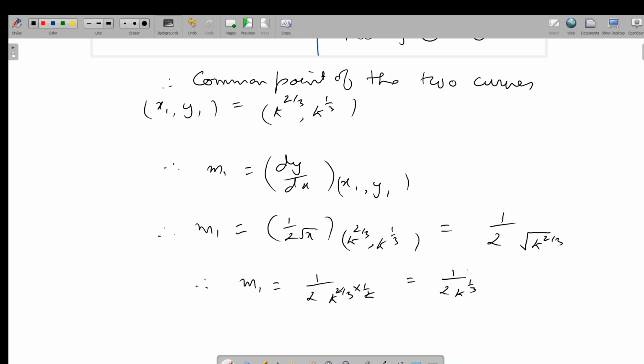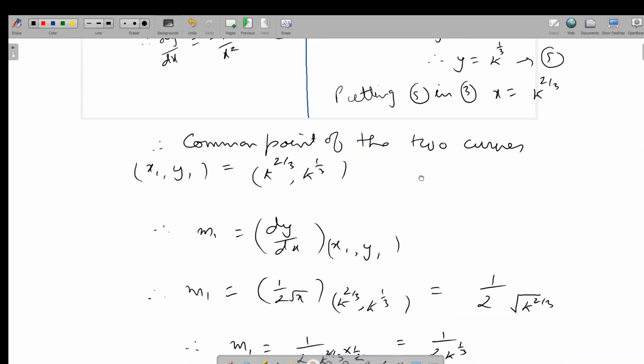Now we'll find m2. What is our m2? From here we will find the value of m2, that is minus k by x square.